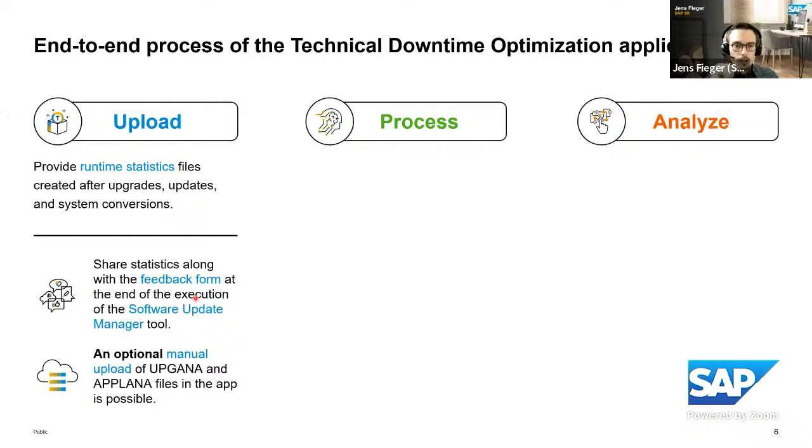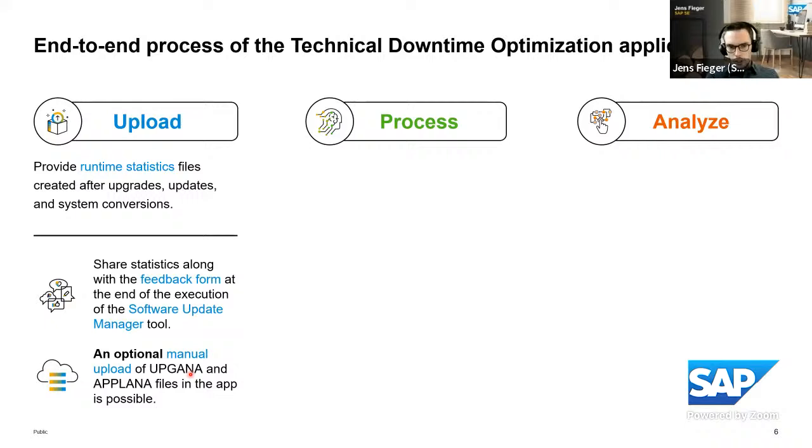That eventually also makes it visible for your customer number in the Technical Downtime Optimization app. If you haven't submitted feedback in the past, but you still have some UPG-ANAs, I will come back to that second term in a minute. If you still have them at hand and you want to evaluate that data, you can manually upload the files via the user interface. I will also show you that in a minute.